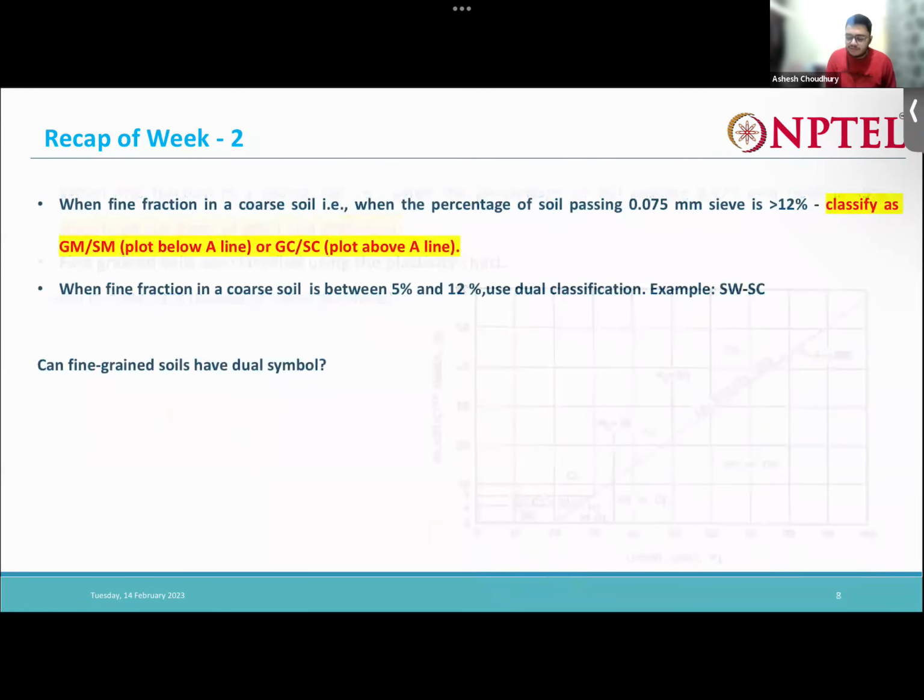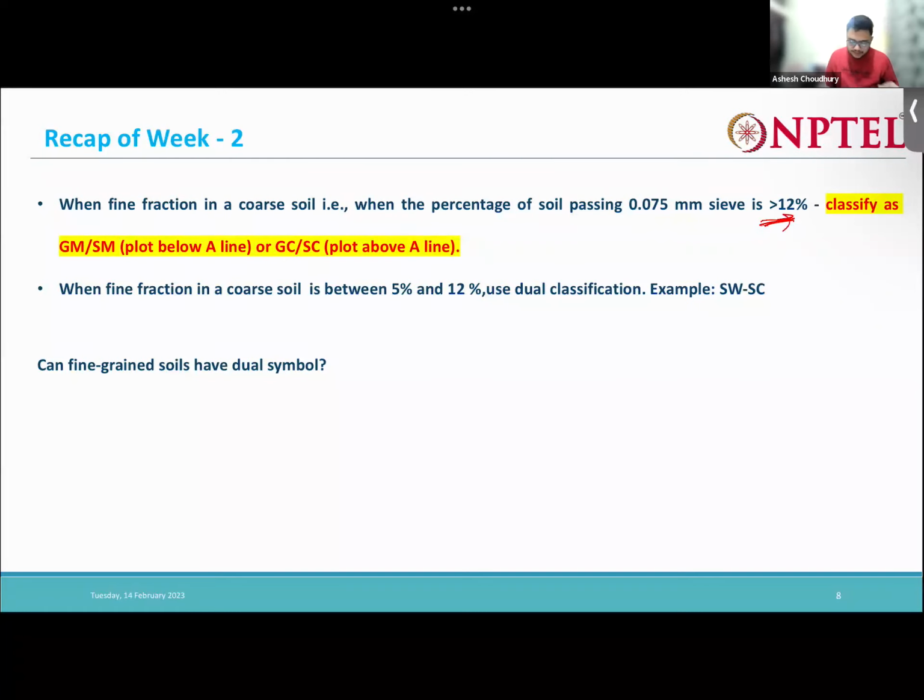Now if the fine fraction is greater than 12%, then our coarse soil will be classified as given here. It will be either GM, SM or GC, SC. If it plots below the A line, then it will be GM or SM. And if it plots above the A line, it will be GC or SC.